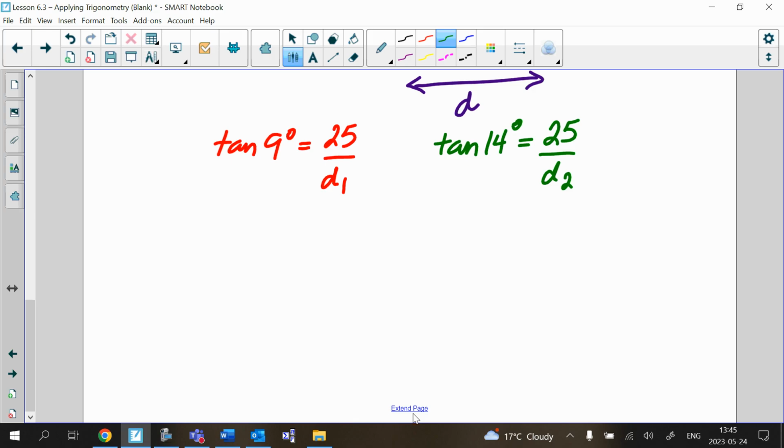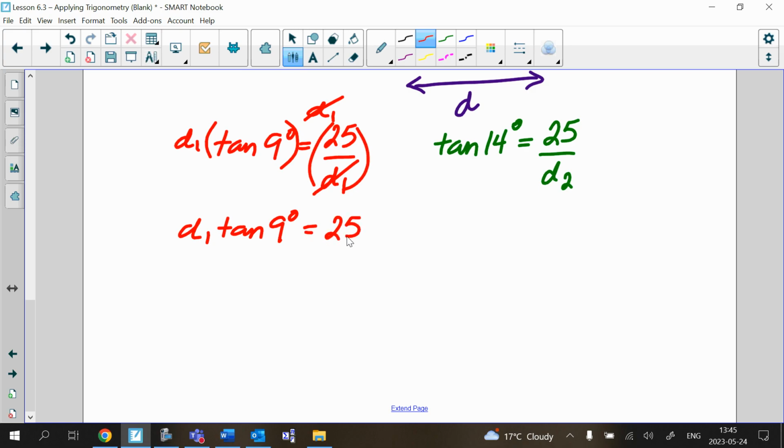So to solve this first one, I'm going to multiply both sides by D1 to cancel out the D1s, which means I got to multiply the left-hand side by D1. So I get D1 times the tan of 9 degrees is equal to 25. I need D1 by itself, so I got to get rid of the times tan 9 degrees by dividing by tan 9 degrees. And whatever you do to one side, you do the same thing to the other.